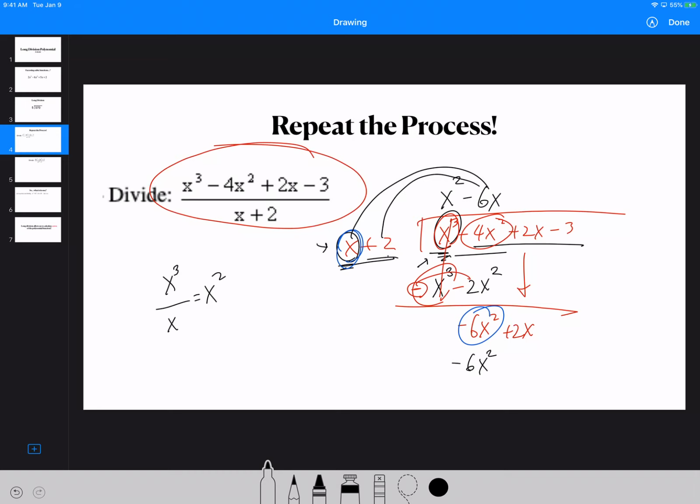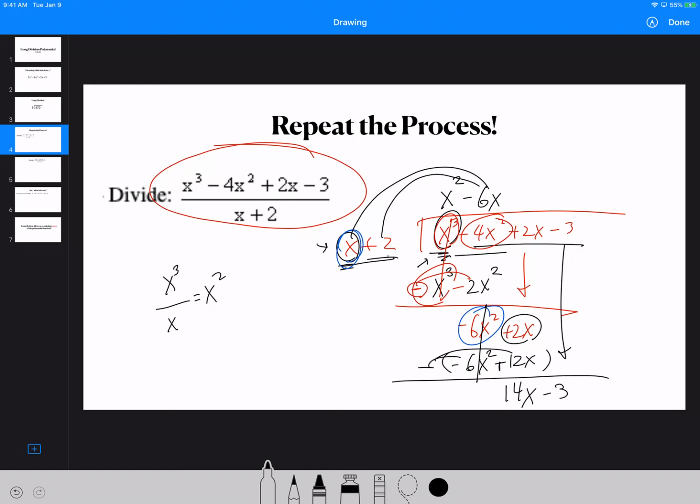Plus 2 with minus 6x, I get minus 12x like this. And you want to distribute the signs one more time because you're subtracting them. These two will cancel out. This is plus 2x plus 12x. That's 14x. Bring down the minus 3.